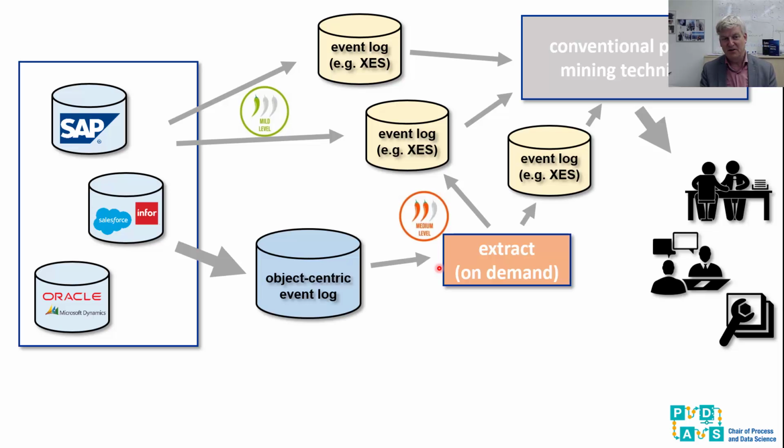A much better approach is to, from this information system, first store the data in an object-centric event log where you are not forced to choose a single case identifier, and then on demand from this object-centric event log you generate conventional event logs that have the problems that I mentioned before, but with every view that you generate, you know what the underlying assumptions are. And you know that in a particular view you should interpret numbers in a particular way.